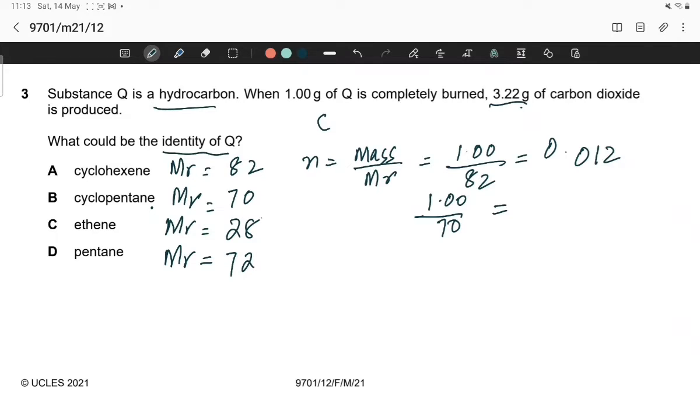For cyclopentane, 1 divided by 70, the number of moles is equal to 0.014.